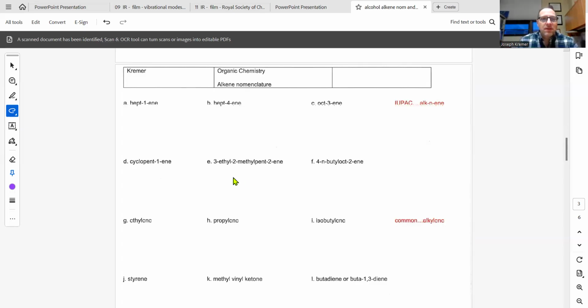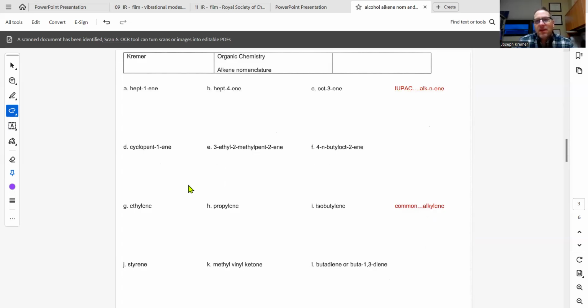And proceeding along, now let's talk about the nomenclature of alkenes, shall we? So, hept-1-ene. Respectful of your time as ever, I'm getting right to it rather than giving you 3 minutes worth of fluff or background. So, hept-1-ene, like that.